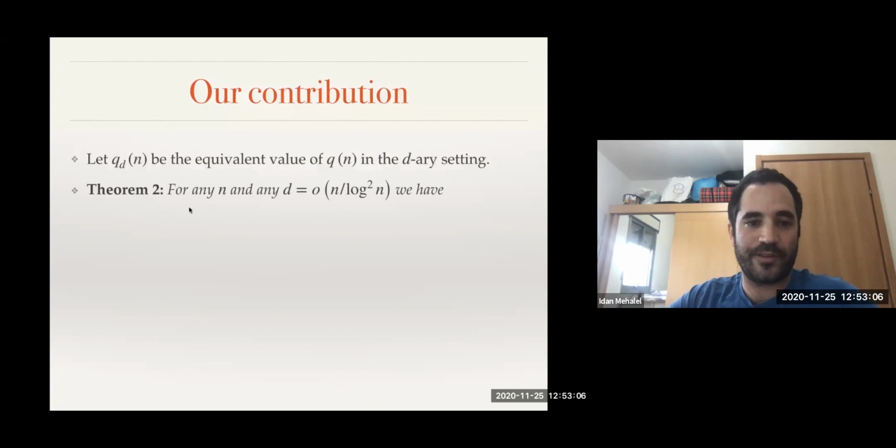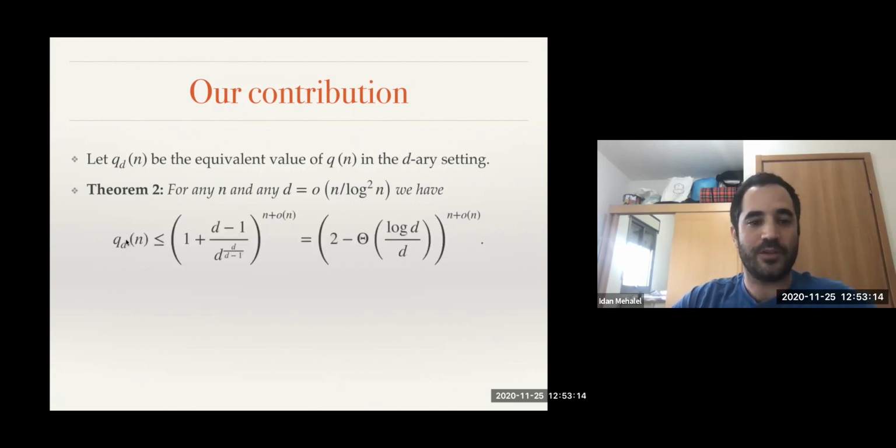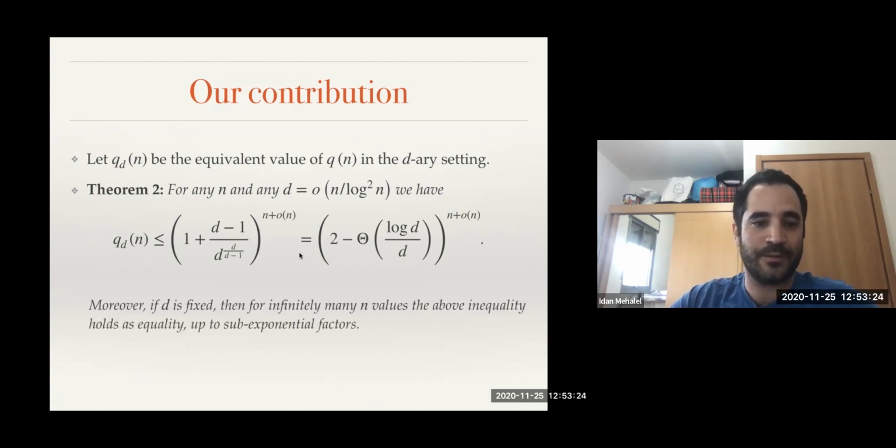So we show the following theorem: for any n and for any D which is asymptotically smaller than n over log squared n, we have that Q_D of n is at most this expression to the n, which is less than 2 to the n, up to a sub-exponential factor.